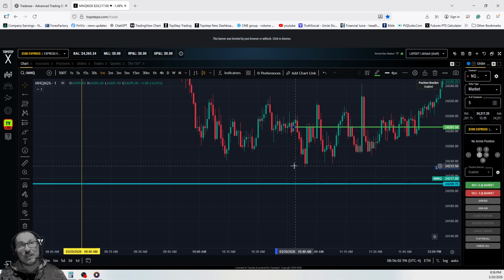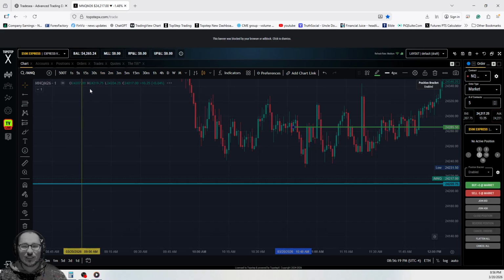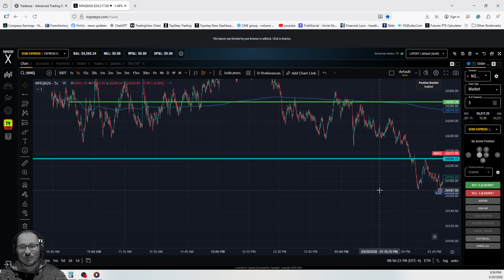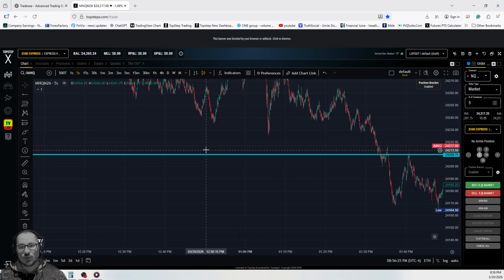If you look at the video I posted, I exited that trade perfectly. If I had not closed that trade, I would have been nervous holding it, and I would have been in drawdown and all this zigzag. But when I looked at the 5 second chart, I didn't like how it was moving. It's not moving good. And I shut it down so quick.